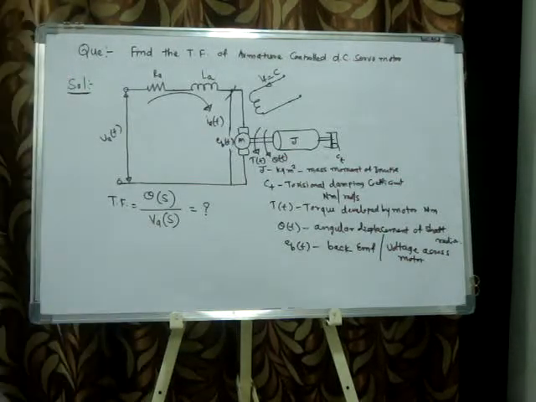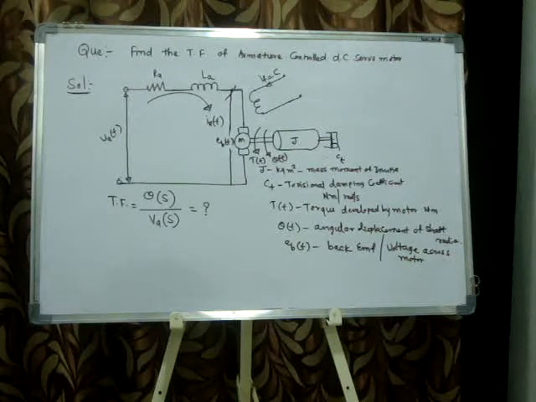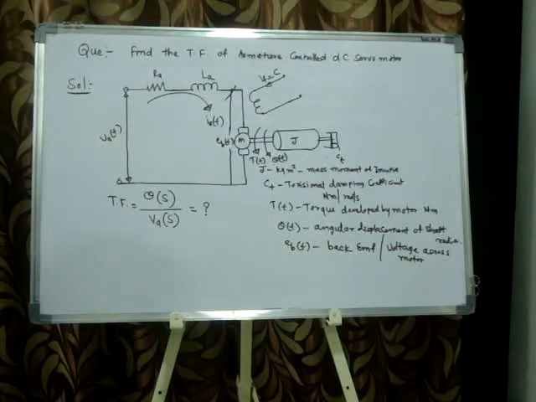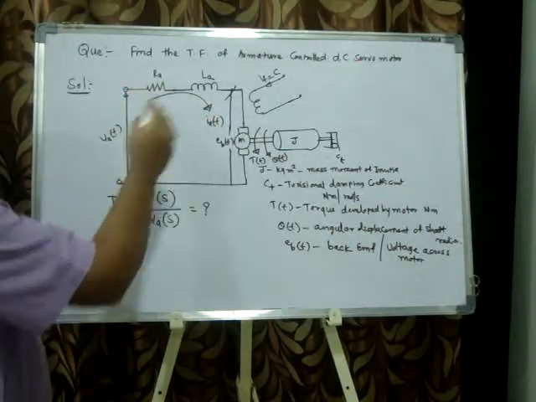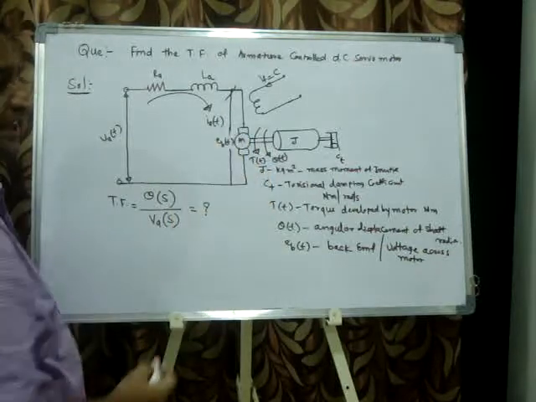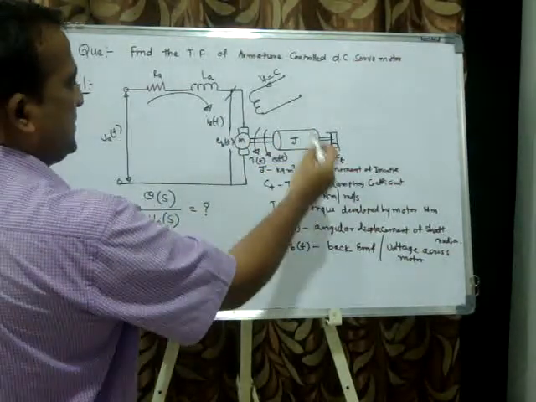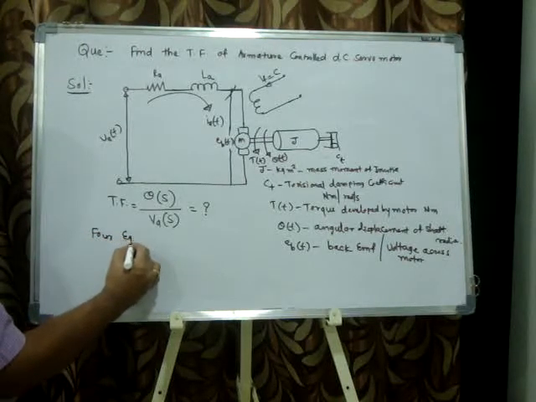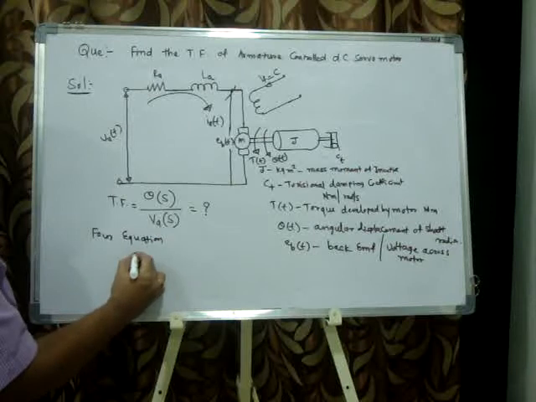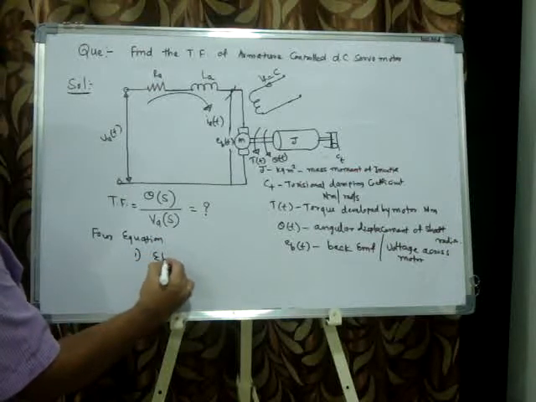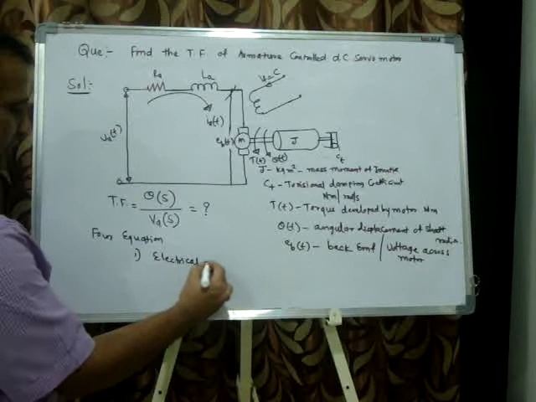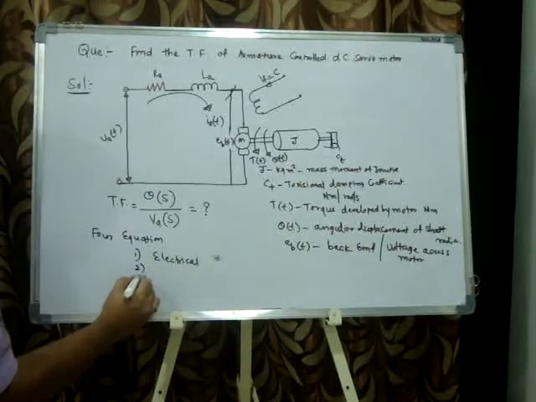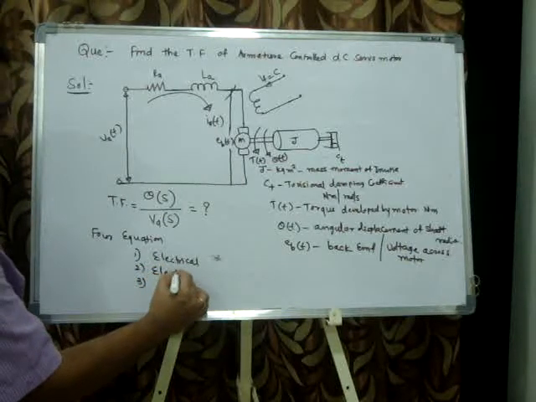Now, what do we have to do? Here there are 4 equations. The hint I will give: the first is a pure electrical equation, the second and third are electromechanical equations, and the fourth is a pure mechanical equation.